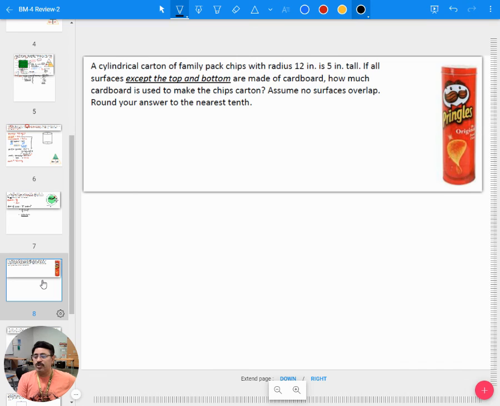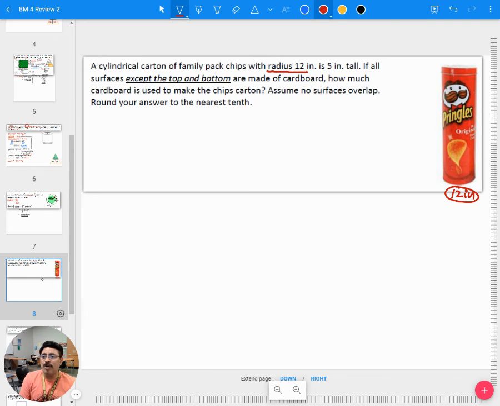Well, the next question is: a cylindrical carton of family pack chips with radius 12 inches is 5 inches tall. Here I see that radius is given, so no need to bother. Again, these numbers may not represent the actual chips pack when you buy it.